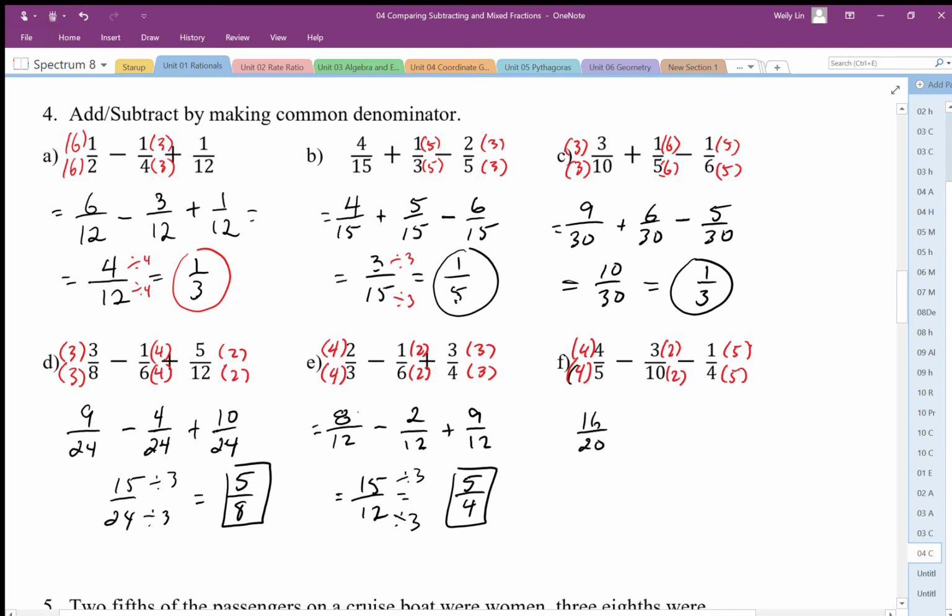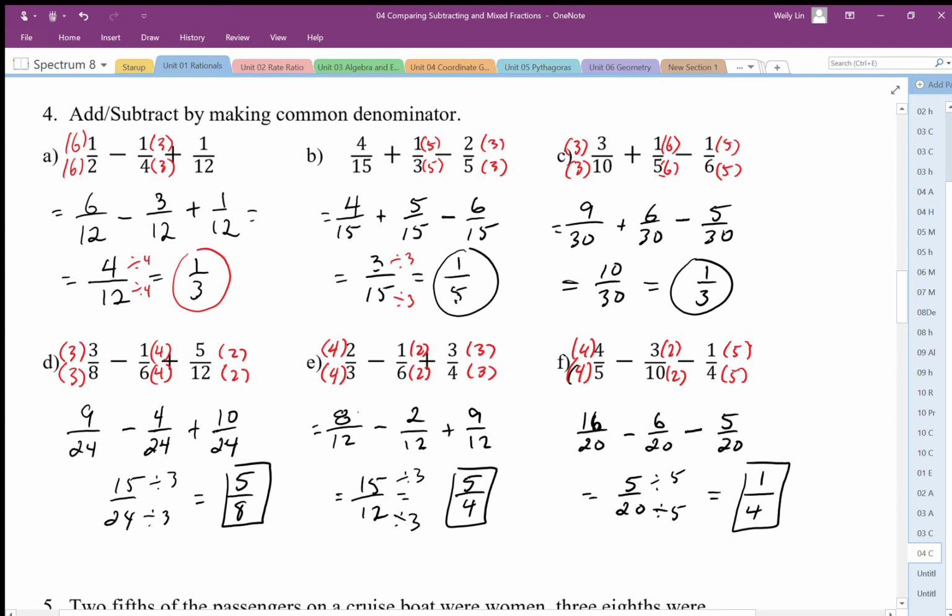Okay, so our 4/5 is 16 over 20 minus 6 over 20 minus 5 over 20. Okay, and this works out to be, looks like 5 over 20. And again, this simplifies with a common factor of 5. So it simplifies to 1 over 4 as my final simplified answer.